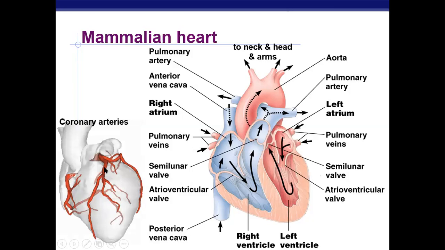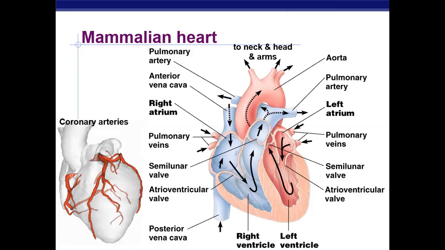Coronary arteries. You can see here over to the left, we have these arteries that are surrounding the heart. These are your coronary arteries. When someone has a heart attack, one of their coronary arteries is clogged with fat or cholesterol that builds up, clogs inside your heart or your blood vessels.